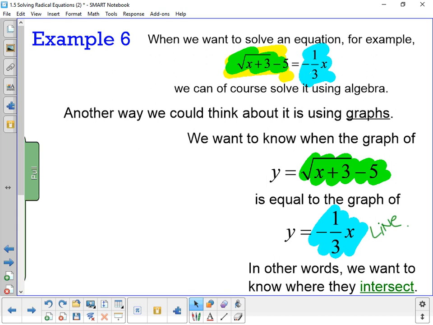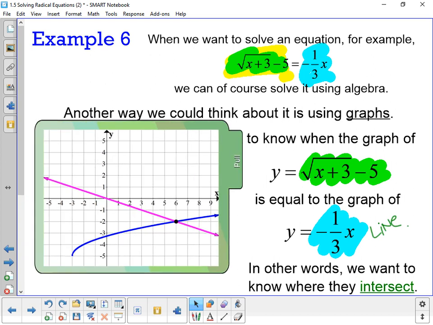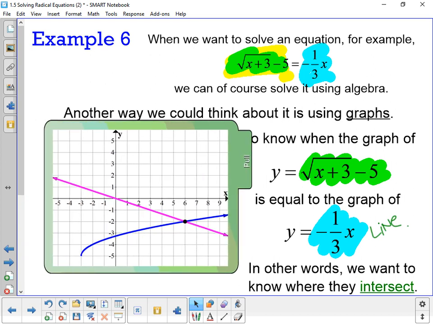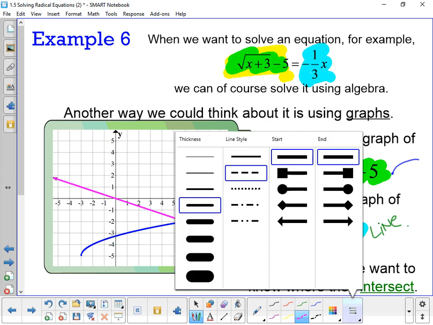So we can think about each half of that equation as two separate graphs. And if we graph them, they look something like this, where the blue one is our square root graph, and the pink one, sorry, is the line.